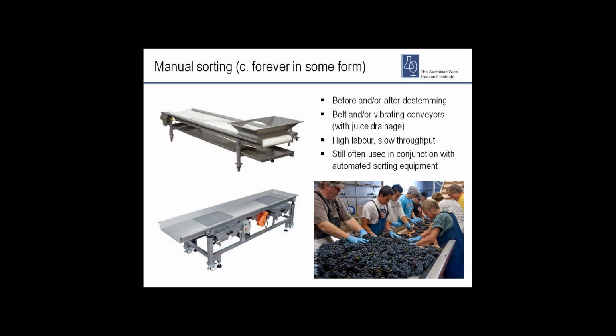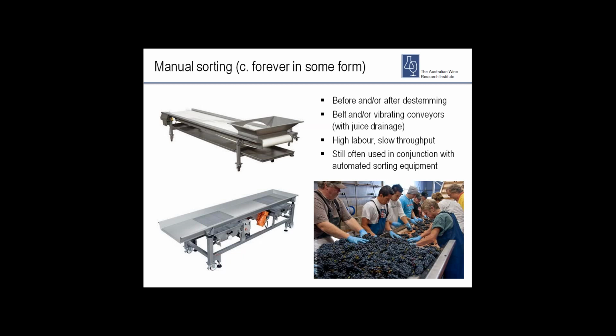I guess starting with manual sorting, this has obviously been performed in some form in some regions for as long as wines have been produced. This is a slow and labour-intensive process and requires a lot of concentration. When it is done, manual sorting is typically facilitated by conveying tables that spread grapes and present them to the people sorting.